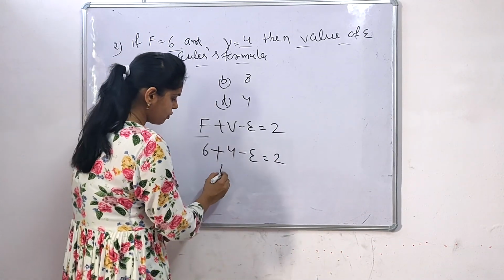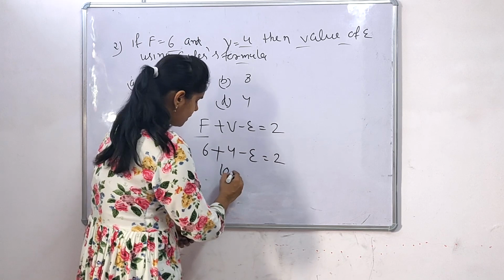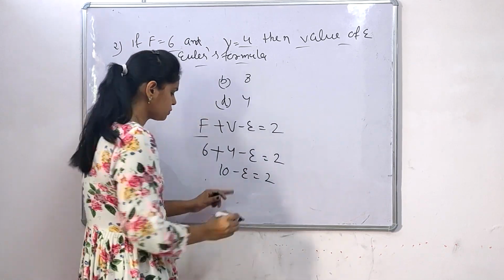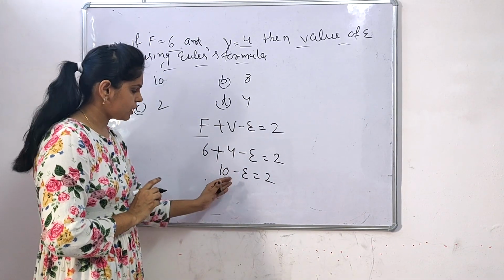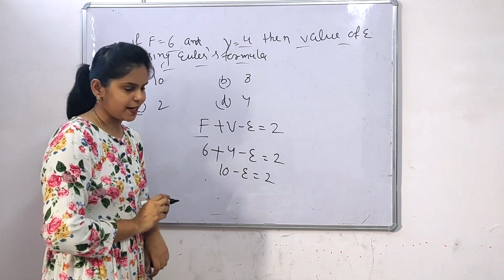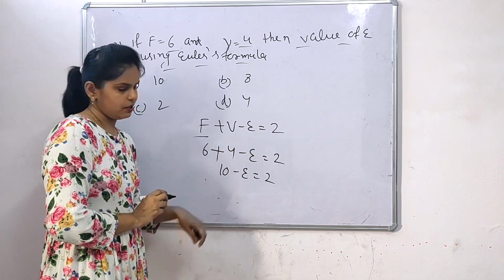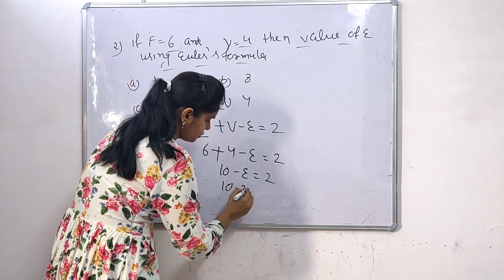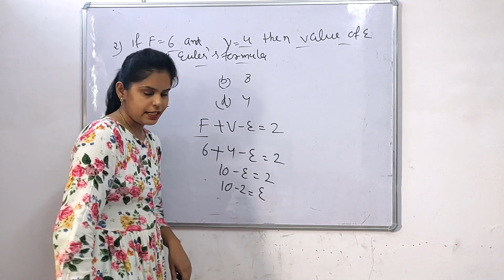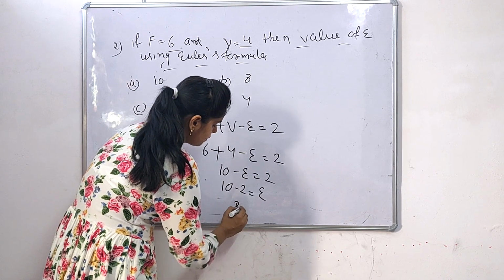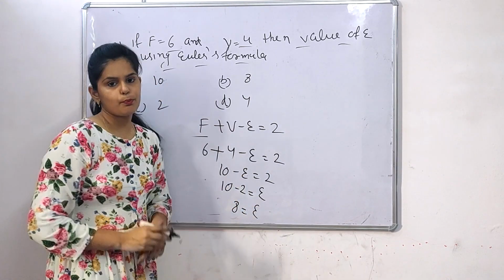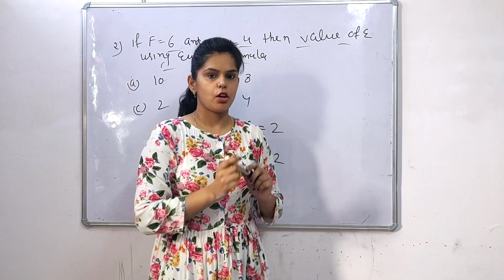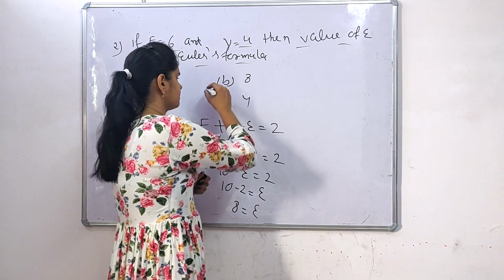So 6 plus 4 we have 10 minus E equals 2. So you have to find this E. So shift this E to the right side and 2 to the left side. So 10 minus 2 equals E. So 10 minus 2 equals 8. So E equals 8, so option B is correct here.